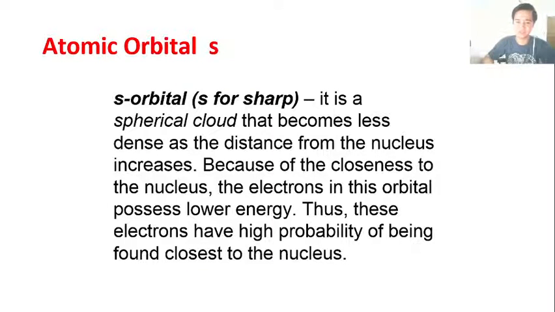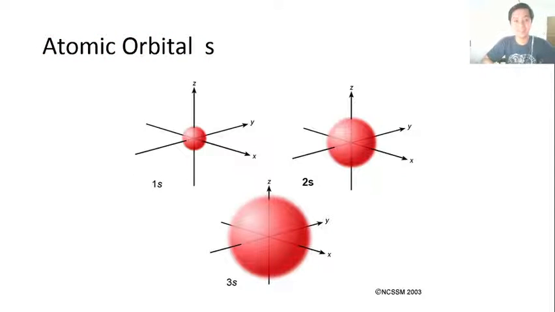It looks like that. So 1s, 2s, 3s, whatever the corresponding energy level it is found, it has the same shape. It is always spherical in shape, the S orbital.